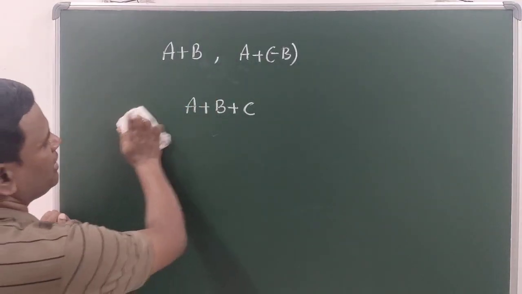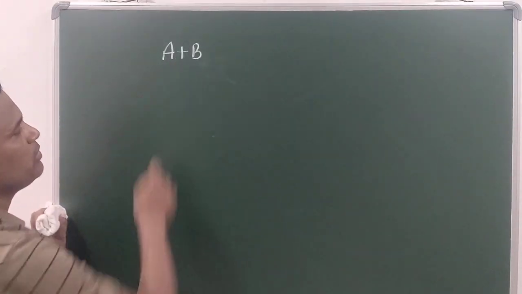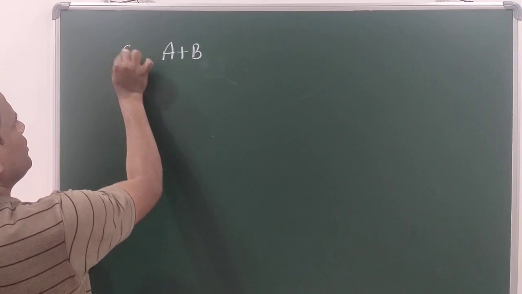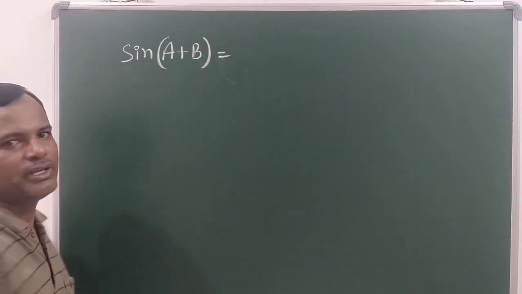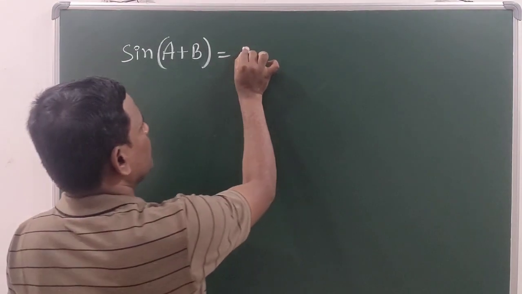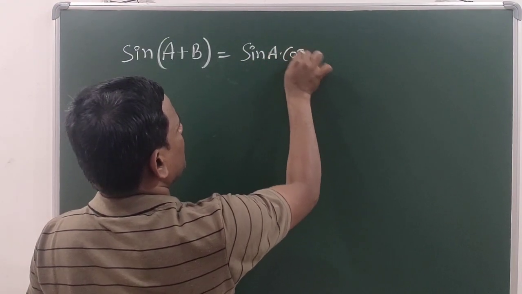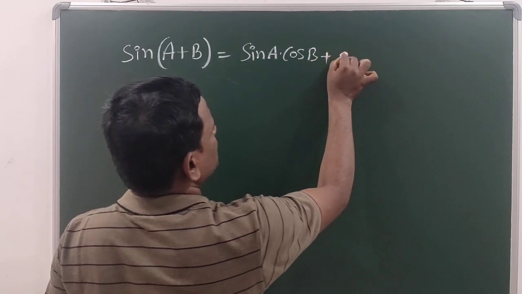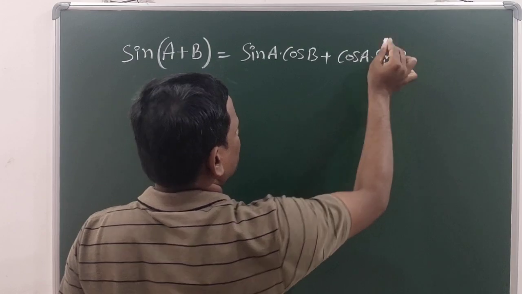Now first let us define sine ratio with respect to this angle. Sine of A plus B, which is equal to sine A cos B plus cos A sin B we will get.